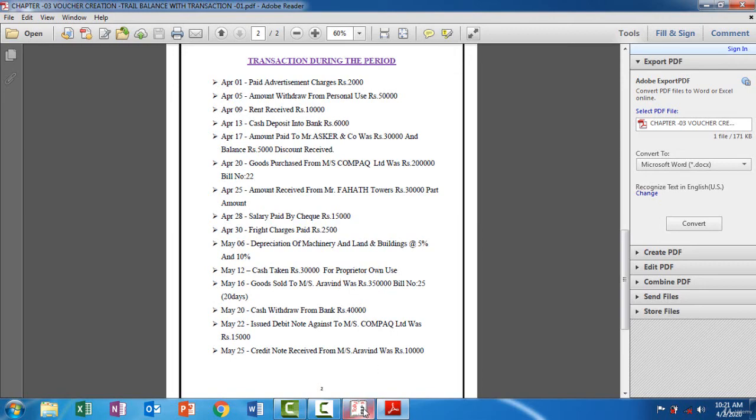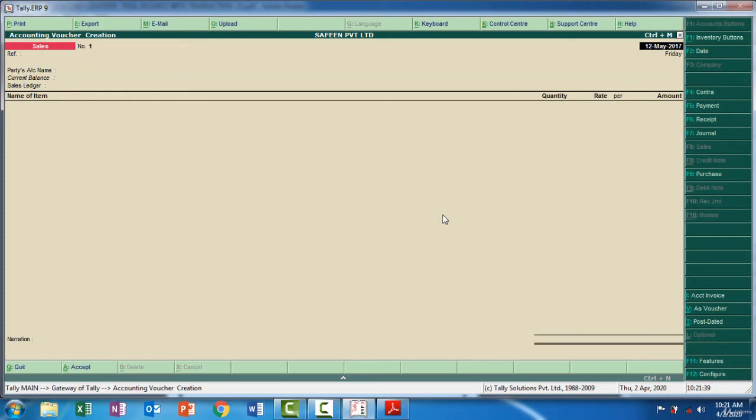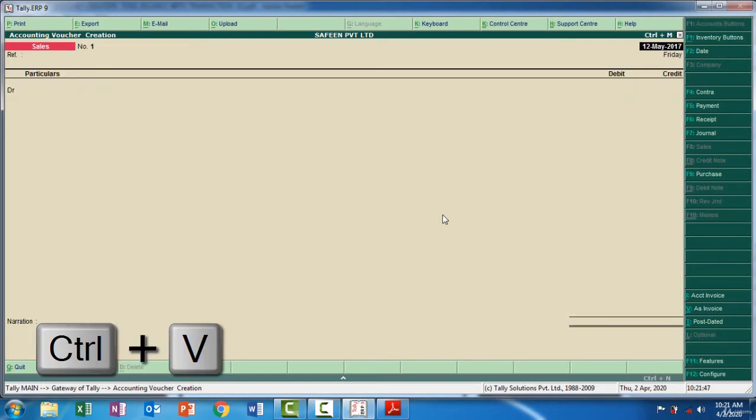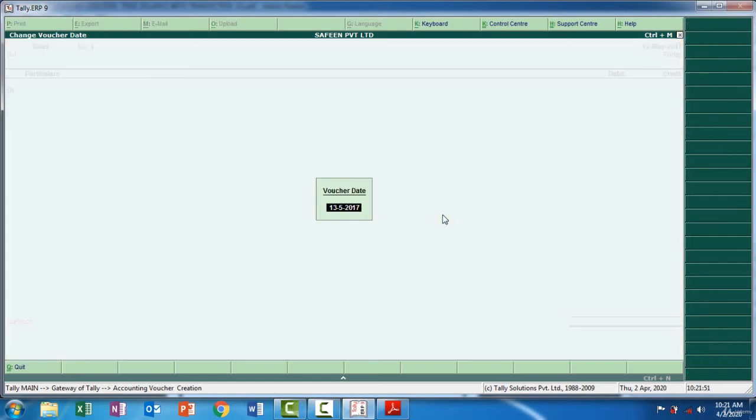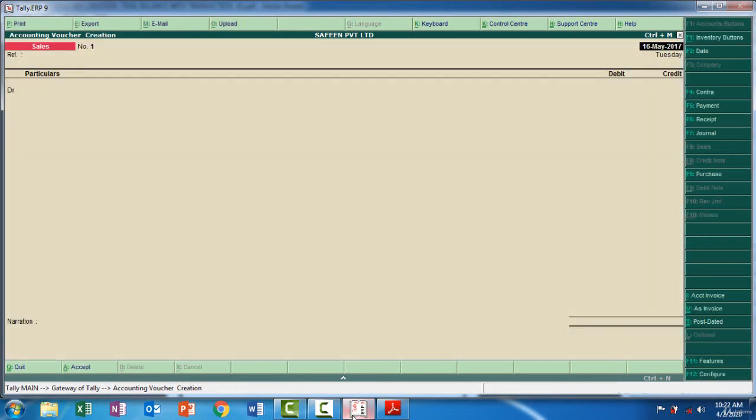Now I'm going to enter the transaction. First I'm going to choose the sales voucher and it's in single mode. I'm going to change to double mode. Control plus V, double entry mode will be activated. Then I'm going to change the date with F2, and the date is 16th of May.